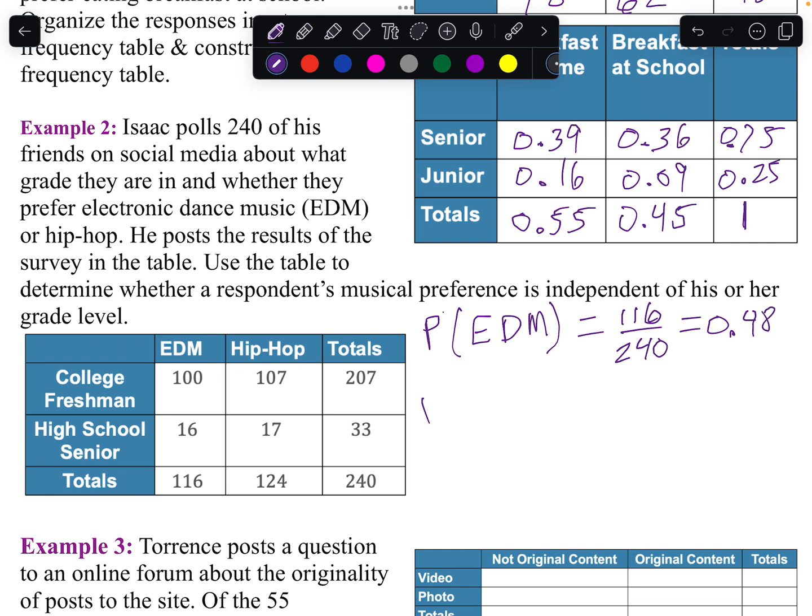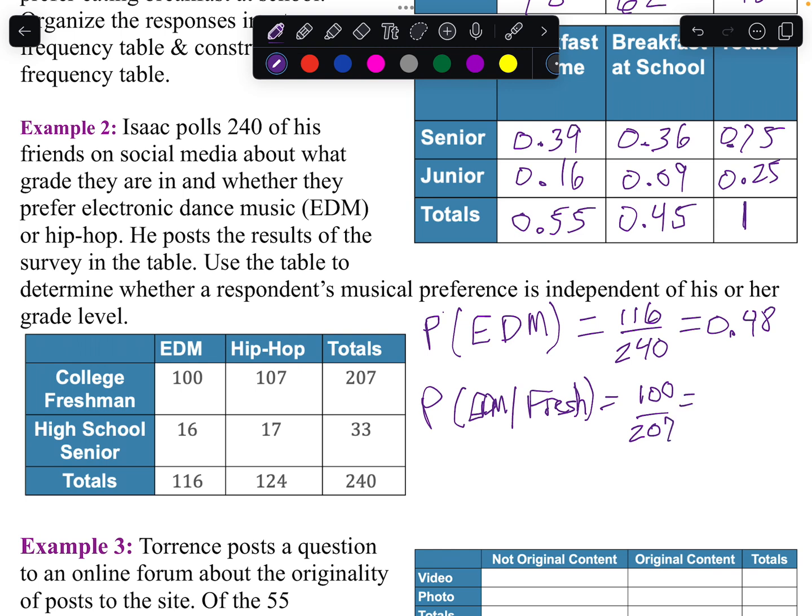Now, how about what's the probability that you like EDM given that you are a freshman? So we have 100 freshmen prefer EDM, and there are 207 freshmen, aren't there?